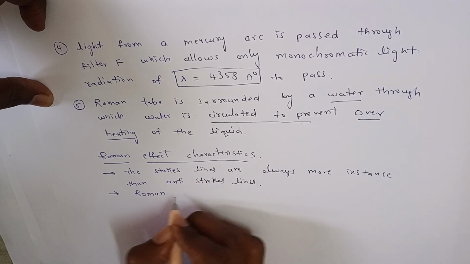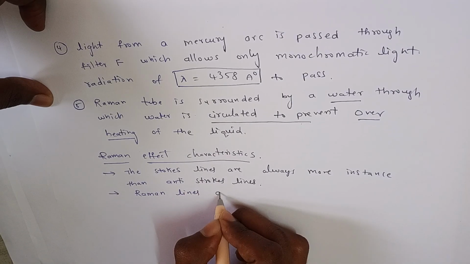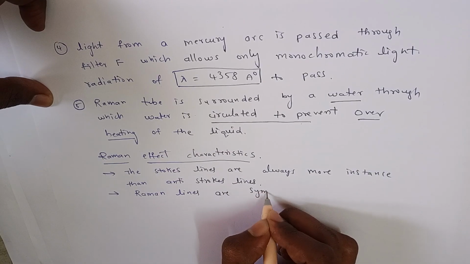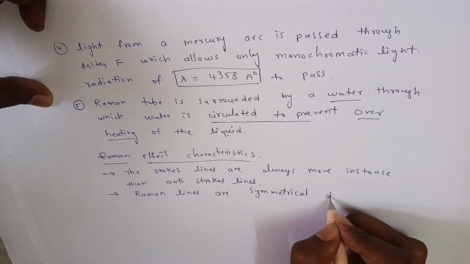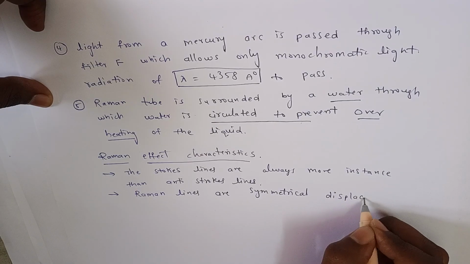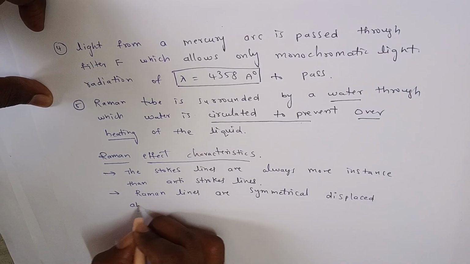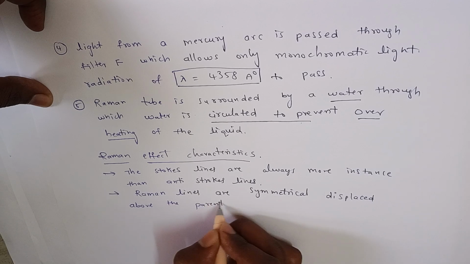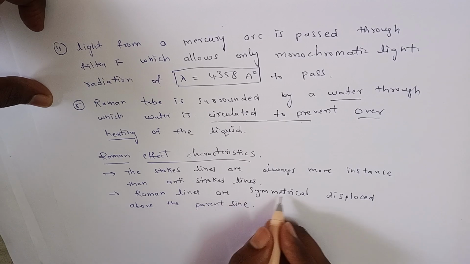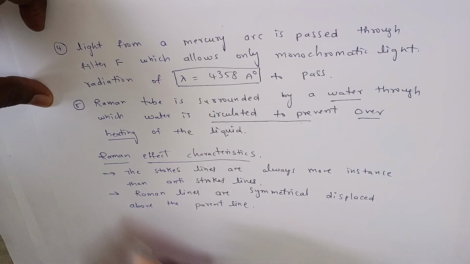The next is that Raman lines are symmetrical in shape, symmetrically placed on both sides of the parent line. Symmetrical means equal.